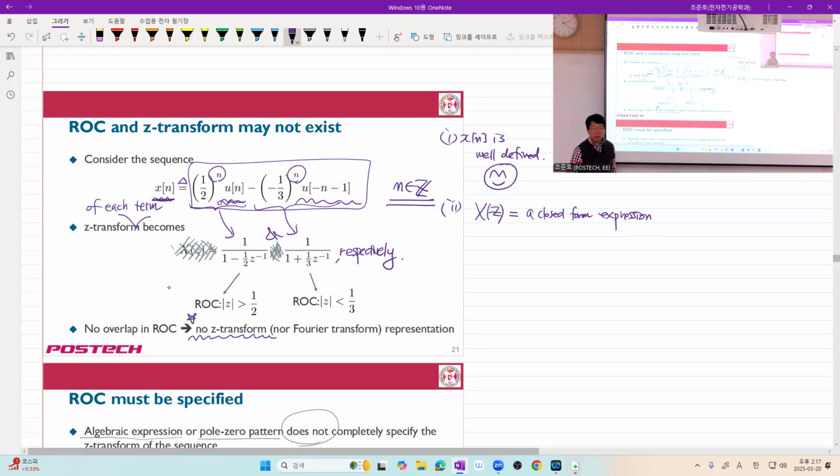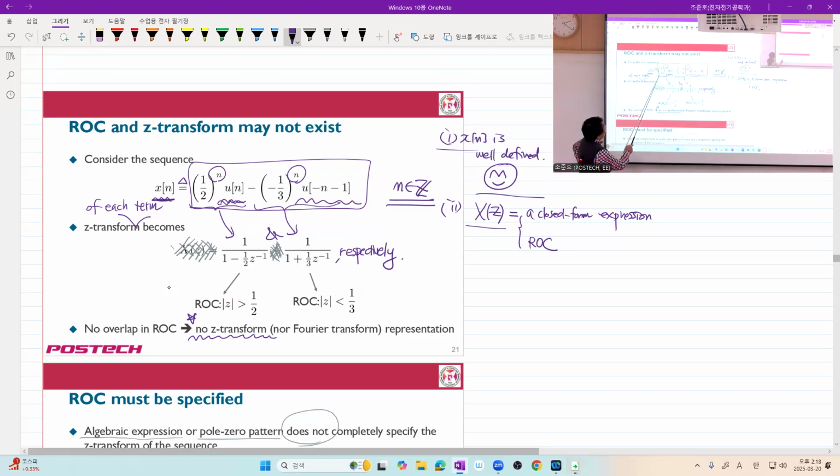Sometimes we may not be able to simplify that infinite sum, even though it is well defined and it has some region of convergence that is not empty. So first, well defined. Second, derive capital X of Z, possibly with a closed form expression and the region of convergence. So let's do it.